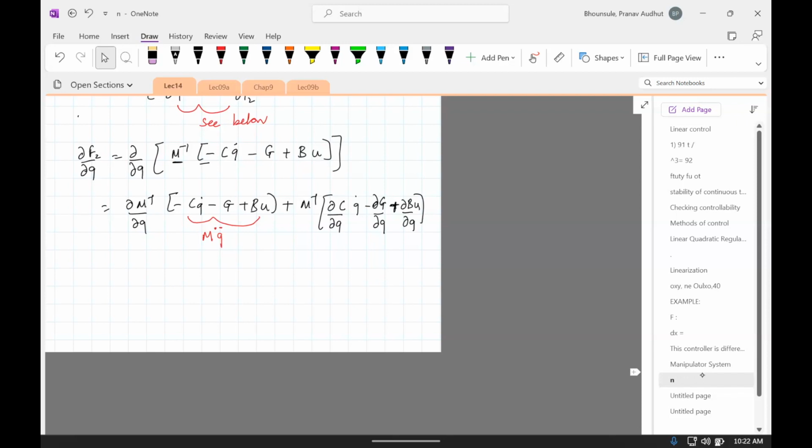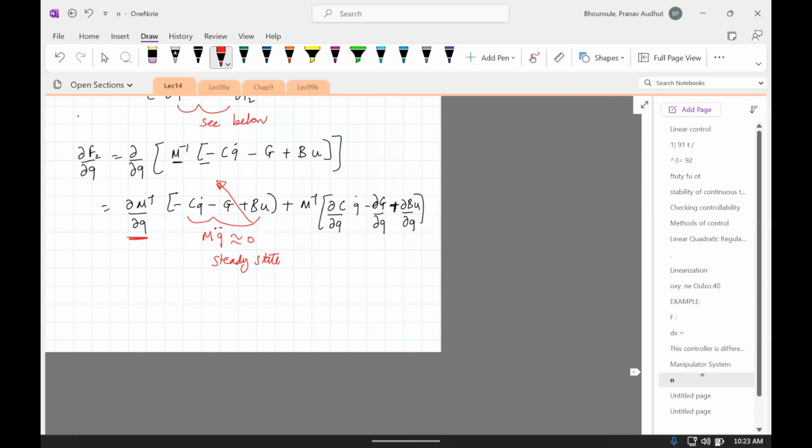Now, what I'm going to show you is not true when the acceleration is non-zero. But let's assume that we are only controlling the system when the acceleration is zero. So this is zero because we are looking at steady state. The velocity can be non-zero, but the acceleration is zero. So that actually makes life kind of easy. Otherwise, having that term and this term, it becomes pretty complex.